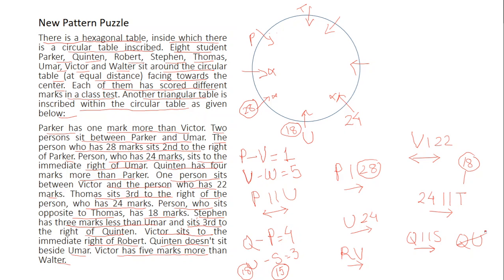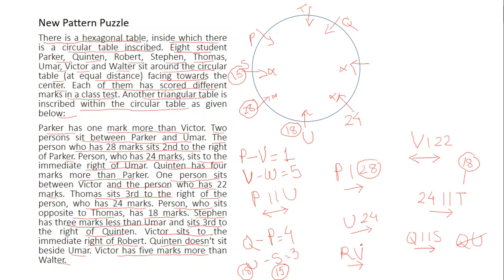So we will take again these both. Q can't be near U, and S is to be third right of Q. So Q can't be at 24 or at 28. Q can't be here because Q's third to the right is S and S is 15. So Q can only be here, and third to the right is S, S is 15.